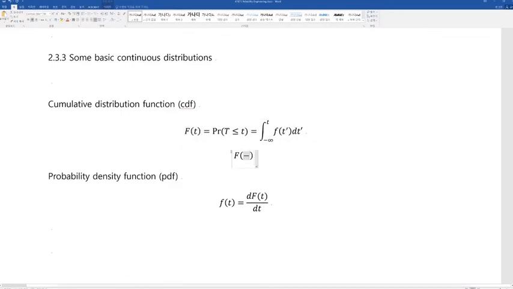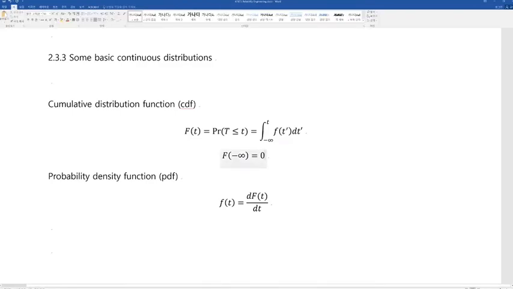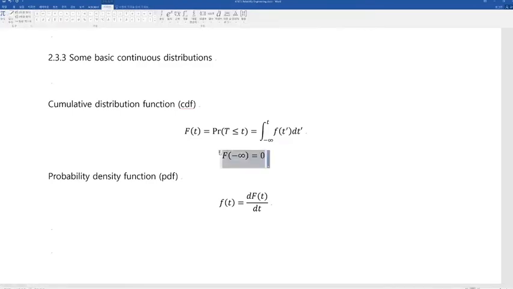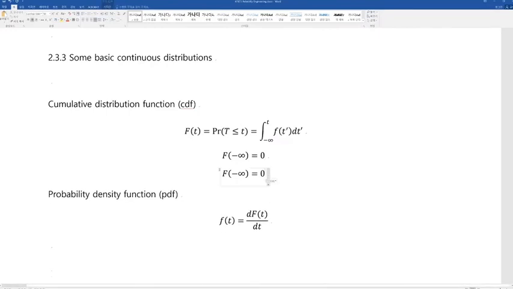So minus infinity should be 0. Of course this indicates the limit when t approaches negative infinity.